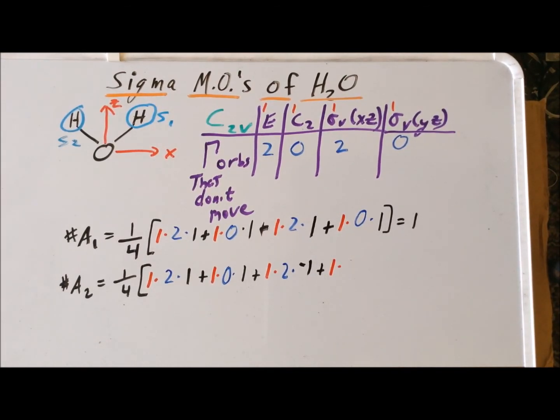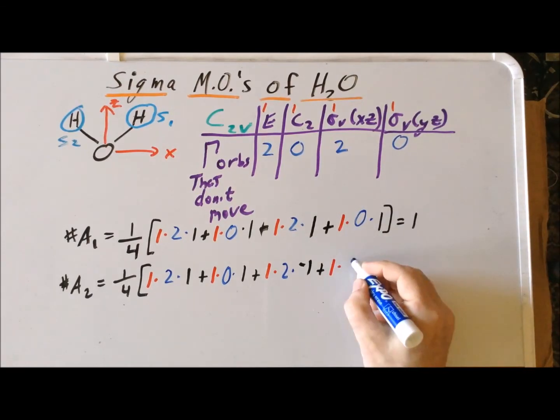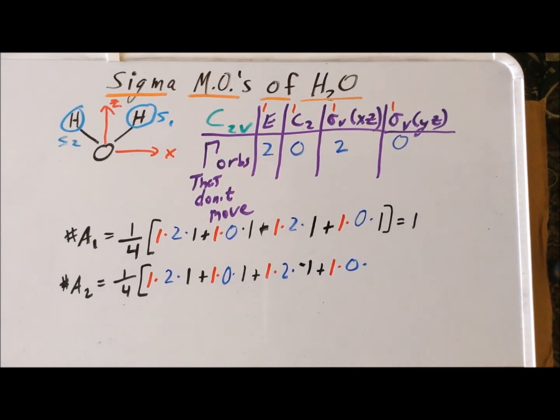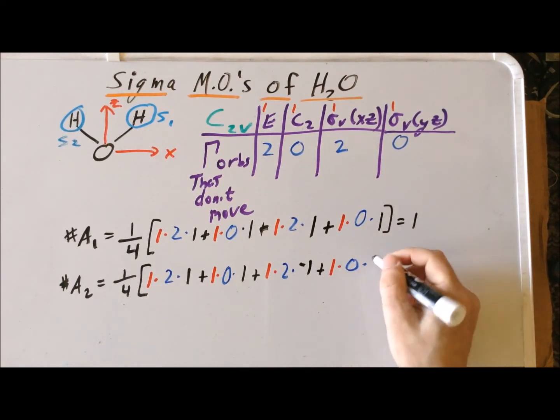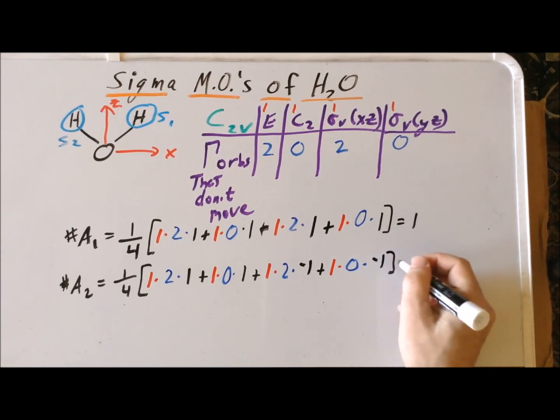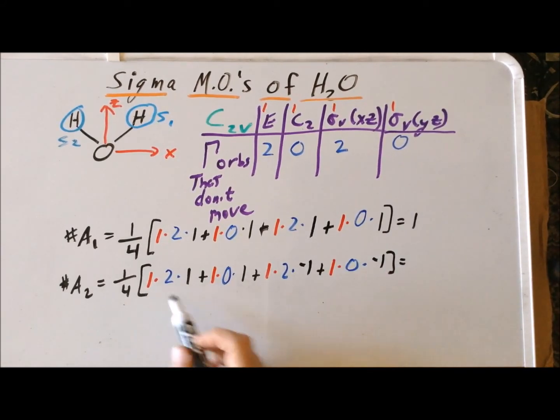The character from the reducible representation is a 0, and the character from the irreducible representation is a -1. So we have 2 minus 2, which is 0, shows there are 0 A2s in the reducible representation, gamma orbs that don't move.